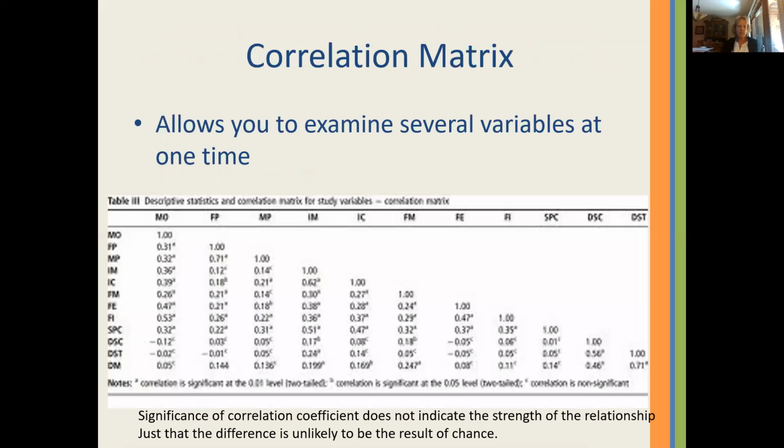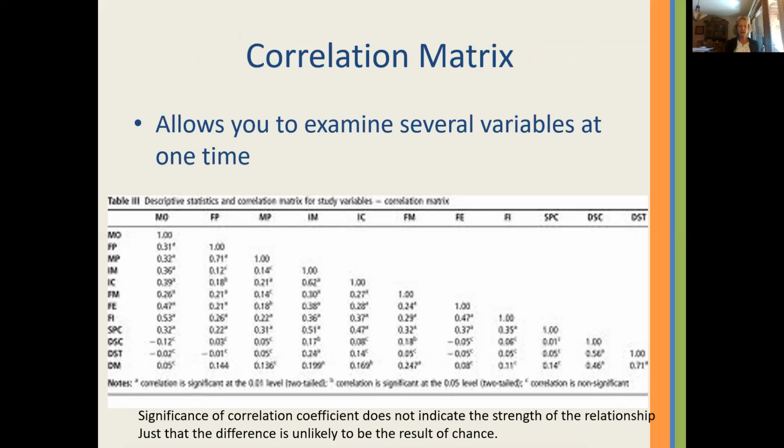Here's a correlation matrix, and I realize it's a little bit fuzzy, and I'm not really expecting you to read specifics in this, but it allows you to examine several variables at one time by looking at the matrix. So you're comparing multiple variables across the X and the Y axis, and it lets you look at all of them simultaneously in this matrix.